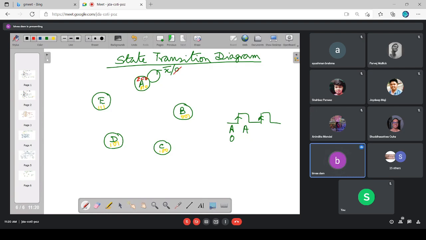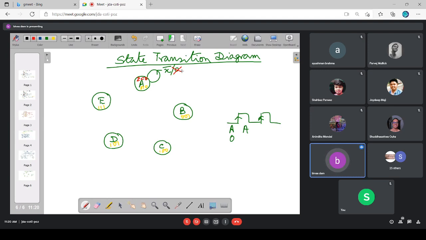In that case, this will not be there. Only X bar will be there. This will be the only difference in the state transition diagrams between the Moore machine and Mealy machine. In the case of Mealy machine, the outputs will be associated along with the inputs, whereas in the case of Moore machine, the output will be included within the state.